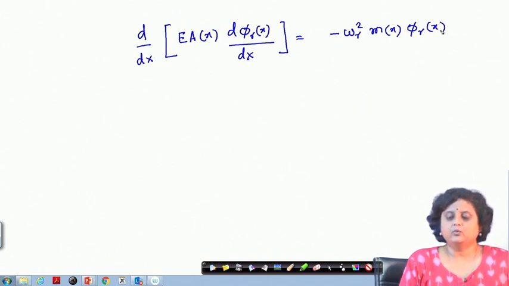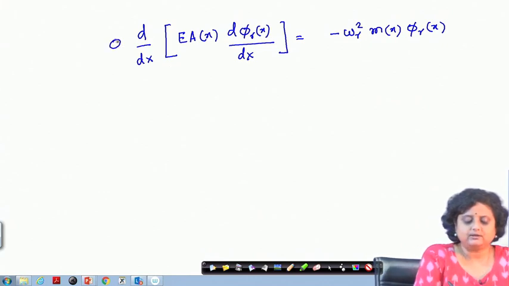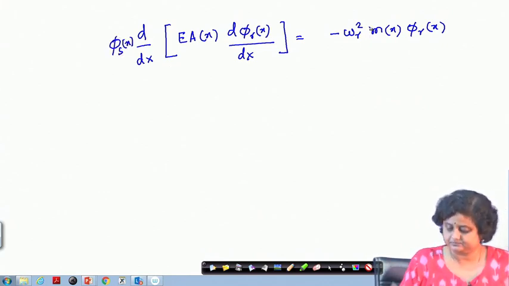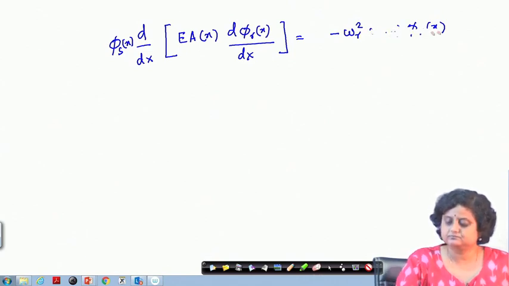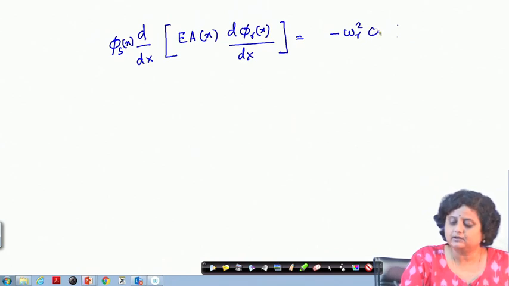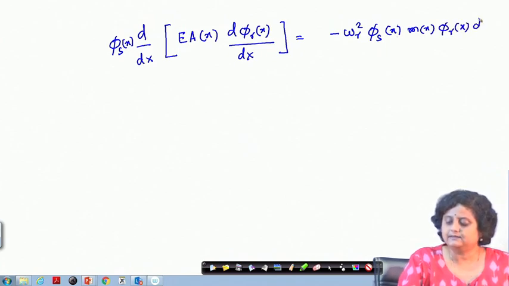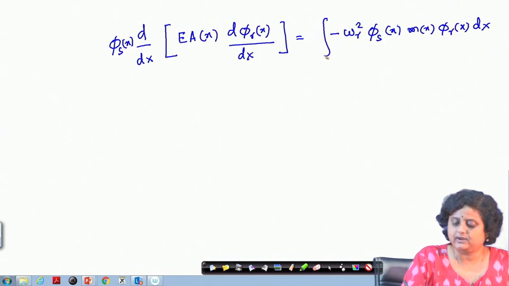Now, I am going to pre-multiply both sides with phi s x, and then integrating between 0 to L.